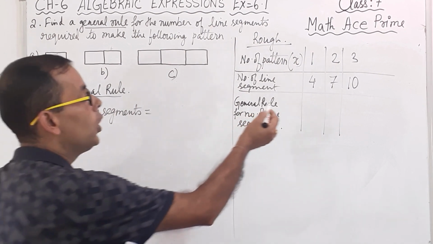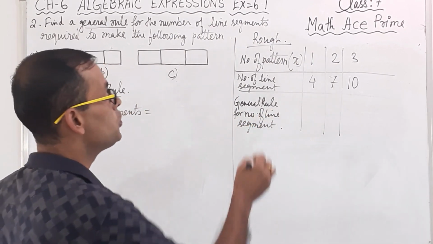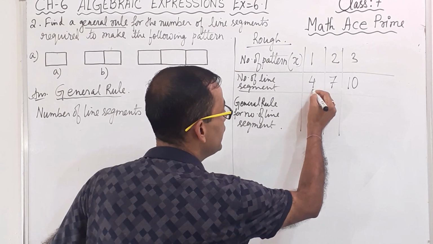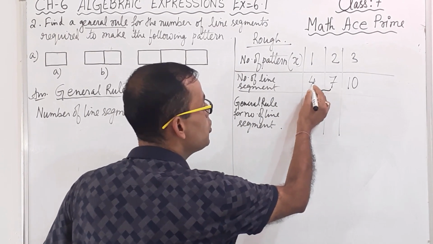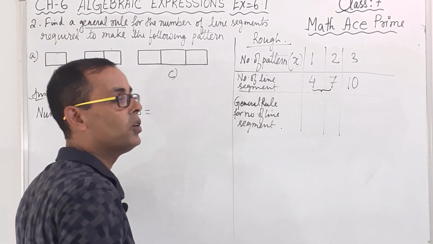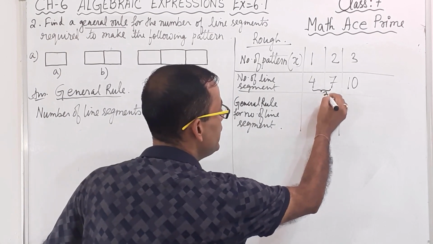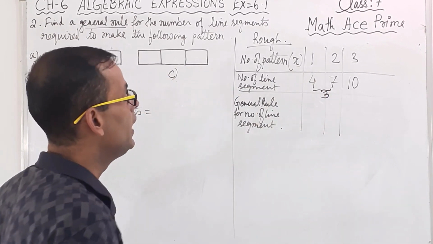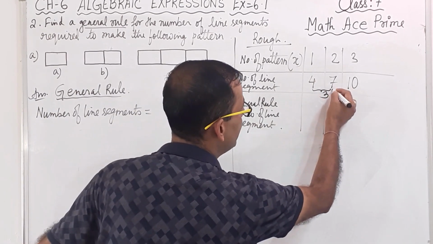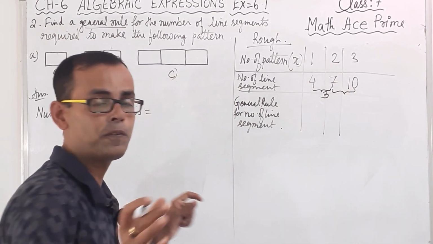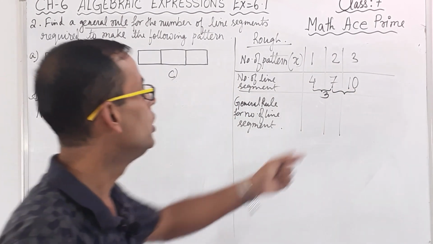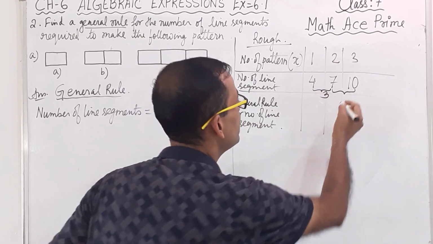So how I got it? To find that, you have to find out the difference between these two. 4 and 7. What is the difference? 3 is the difference. Clear? Again this one, 7 and 10. What is the difference? Difference means big minus small. So 10 minus 7, 3.